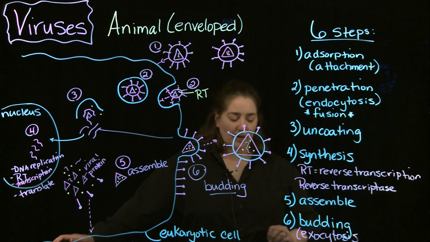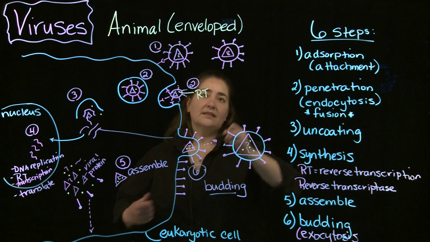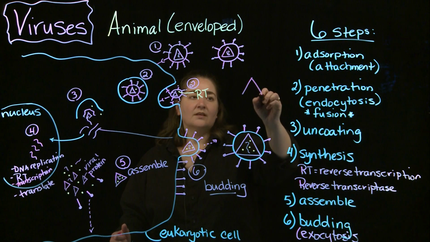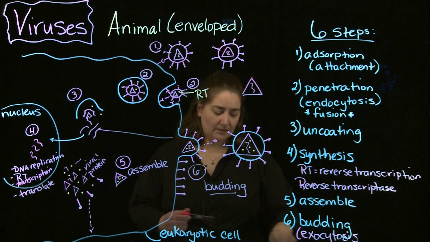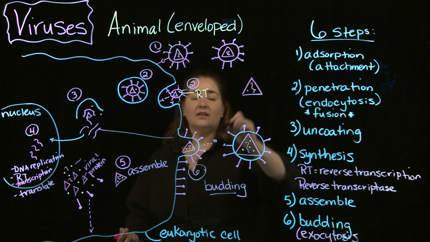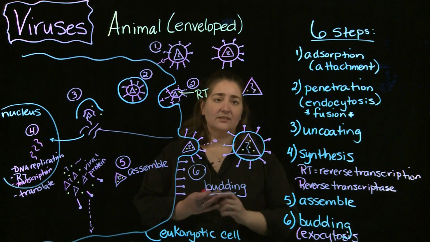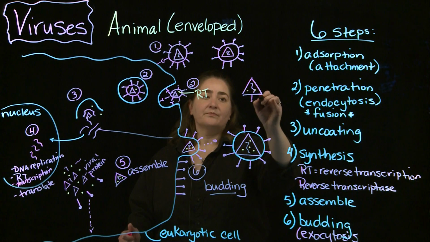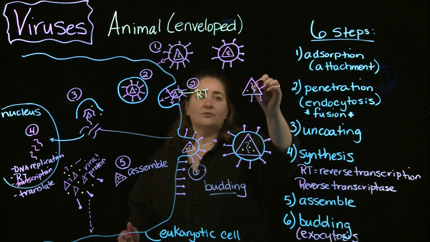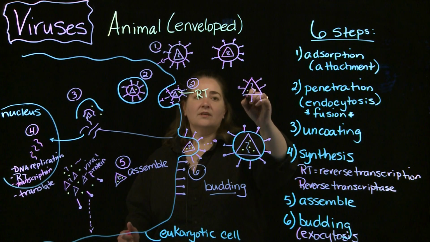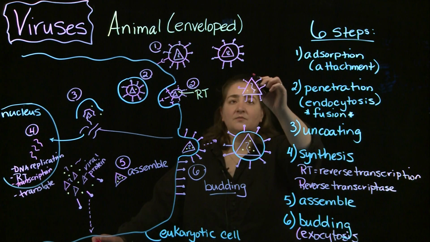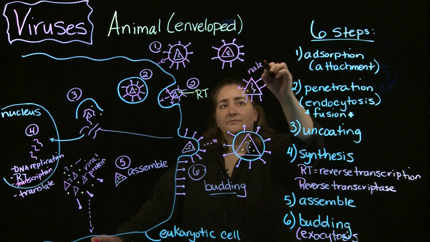Keep in mind, if you have a naked virus, if we draw one like this, that naked virus can still attach to a eukaryotic cell. And the difference comes with our naked virus.